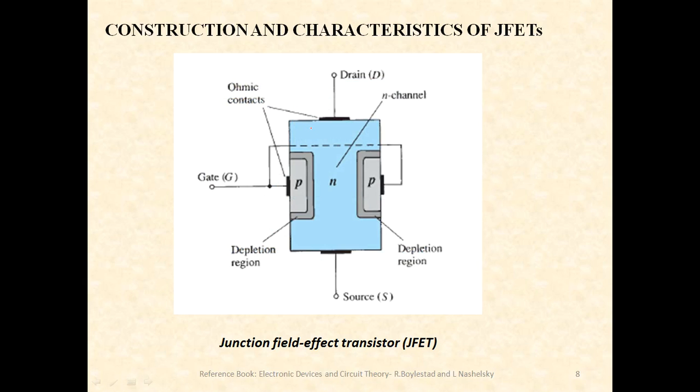Okay, all right. So the major portion of the construction of a JFET consists of the N region, and on both the sides we have P regions which are being inserted through the doping process, so that we get 2 PN regions. So I'll just highlight it here. So that is the first PN junction which we get, and that's the second PN junction which we get, okay, upon doping.